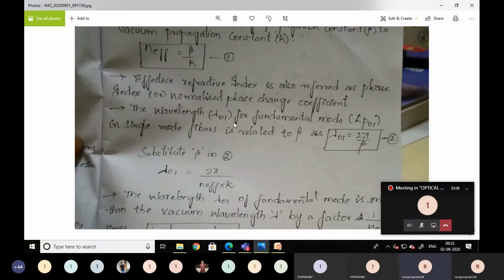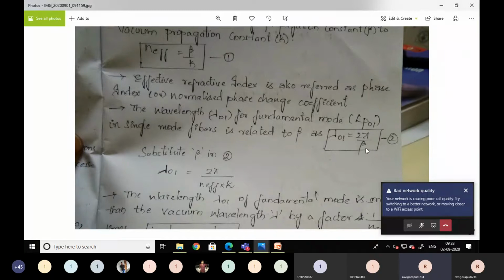Then next, the wavelength lambda 01 for fundamental mode LP01. The wavelength lambda 01 for the fundamental mode LP01 in a single mode fiber is related to beta as lambda 01 is equal to 2 pi by beta.